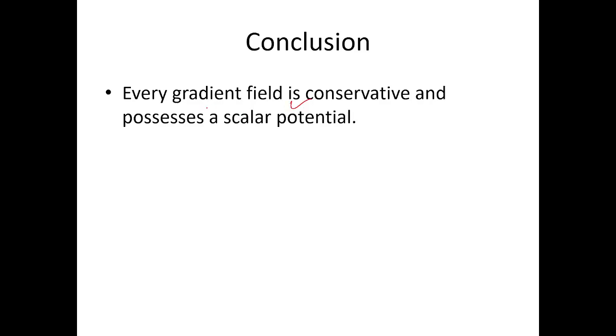So if you have a scalar potential whose gradient gives the field, then that is a gradient field, and it has a scalar potential phi. This mathematical equation is explained in this assertion. Okay, a conservative field can be put as the gradient of phi, where phi is a scalar field.